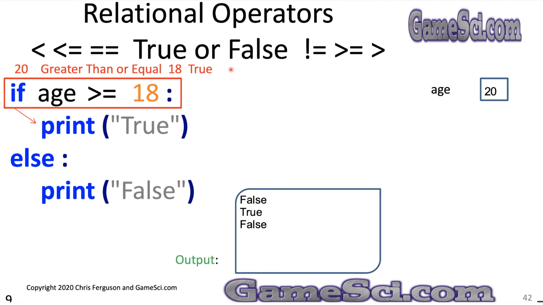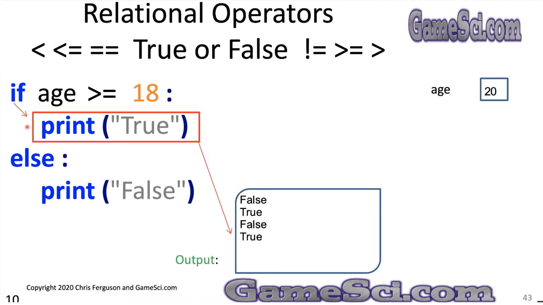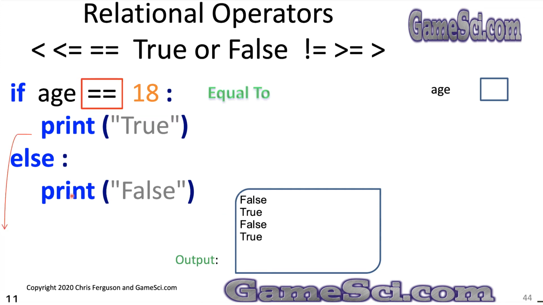That is very much a true statement. As a true statement, what will we do? We will execute the code in the if block. Whenever the if condition is true, we execute the if block code. Print out the word true onto the output. And after we're done with that, what do we do? We skip the else. Skip past the else and continue on with the code.